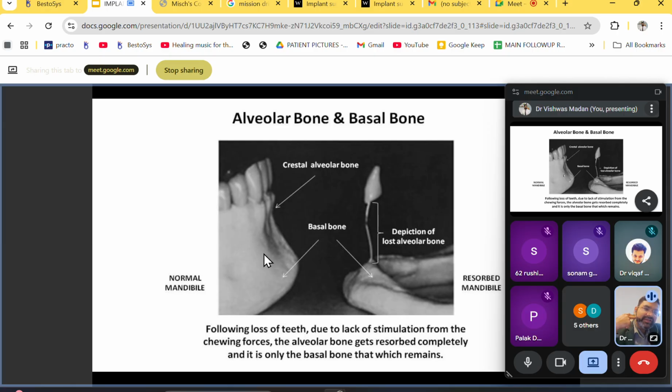In the lower jaw, we have the external oblique ridge and the base of the mandible, which is again the basal bone. These bones are very resistant to resorption, and they are very good quality D1 bone. That's why a lot of basal implantologists will put their implants in the basal bone. They will drill till the basal bone.